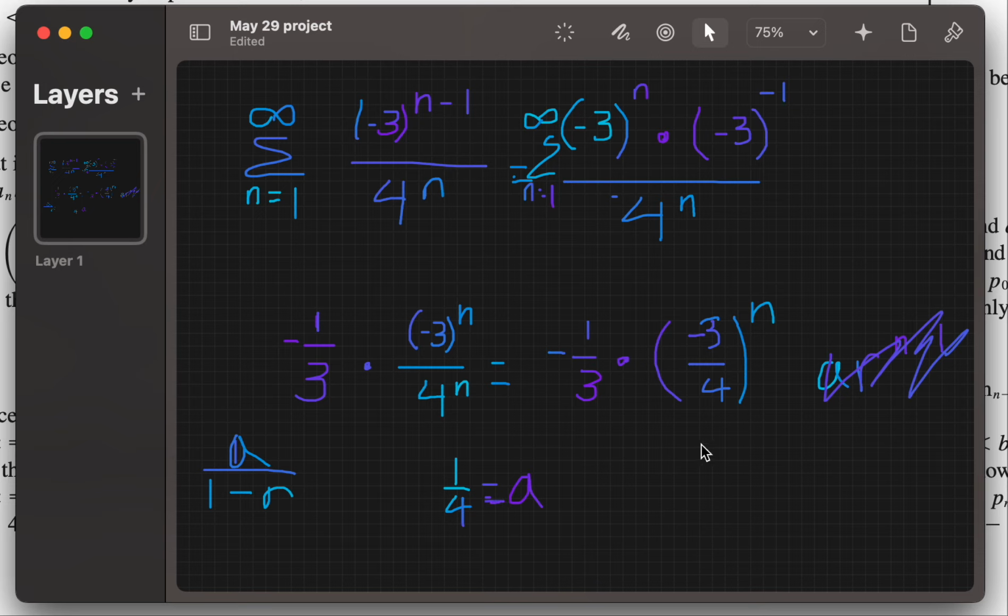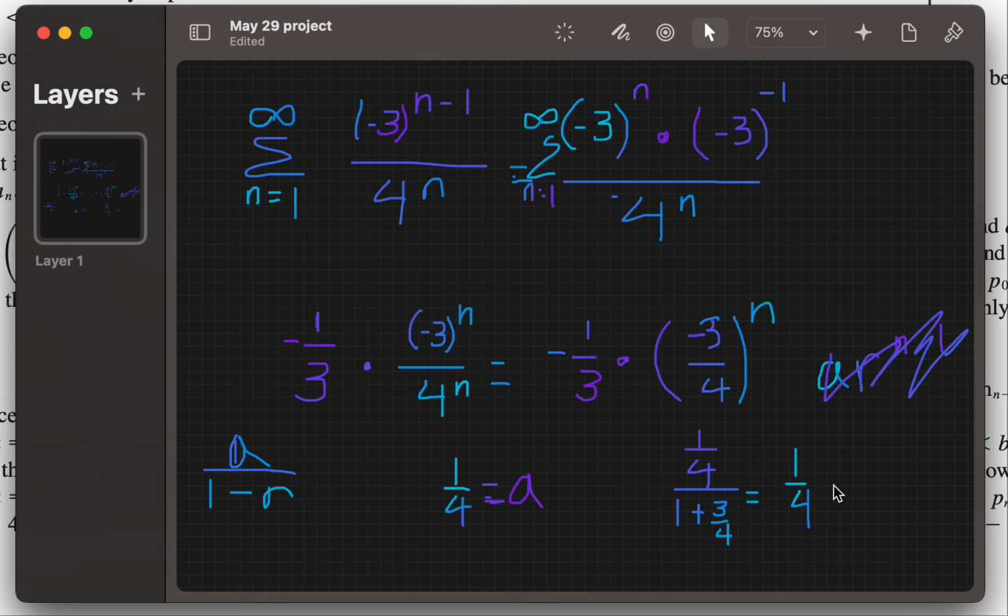So the entire equation would be 1/4 over 1 minus negative 3/4, so that's the same as plus 3/4. That is 1/4 divided by 7/4.